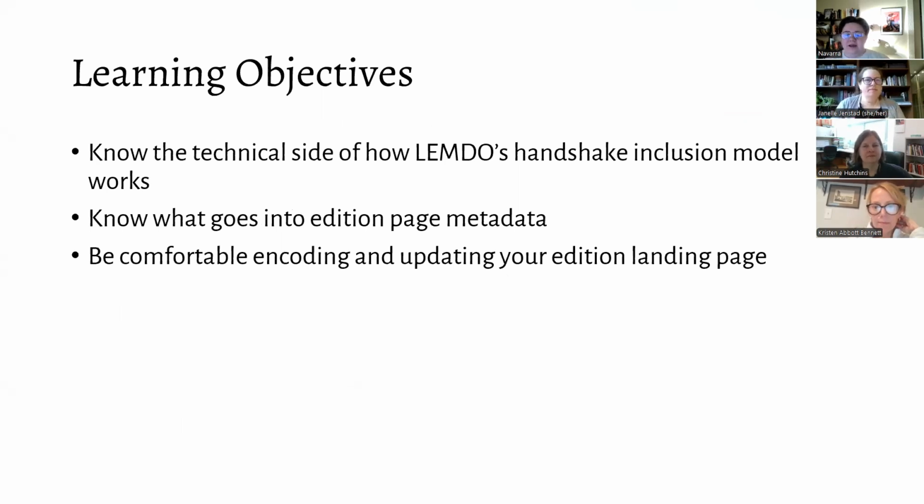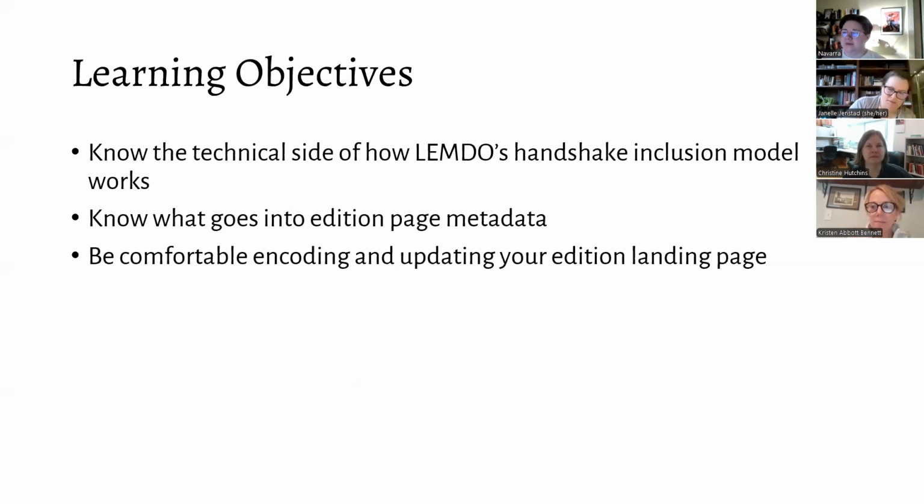So today we're going to really be talking about how those final pieces of your edition slip together so that we can have a beautiful landing page and people can navigate it online. We're going to talk about the technical side of how LEMDO's handshake model works. That's how your files get included in the edition and the edition all fits together.